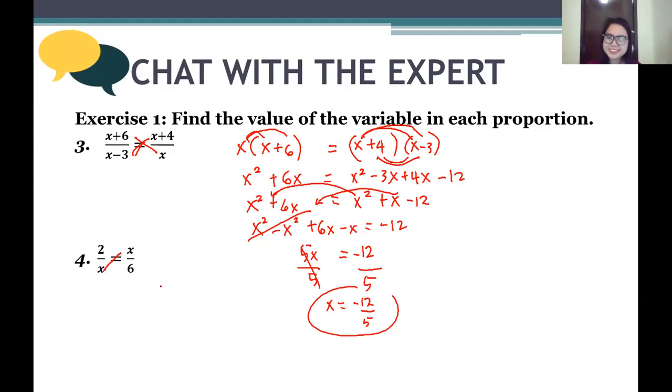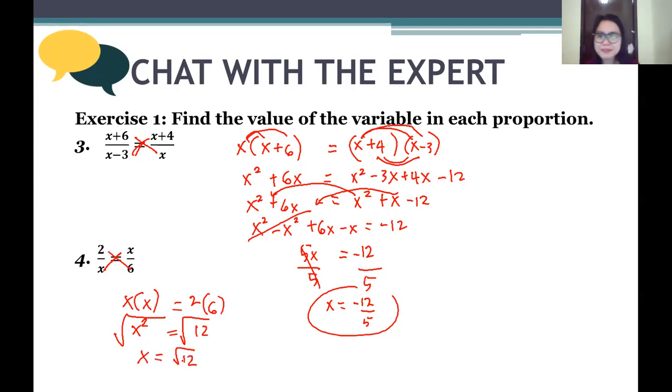So you have x times x. That's x squared. The other side is 2 times 6. That's 12. So take the square root of both sides. Tatiana said it's plus and minus square root of 12. But you can still simplify this one.